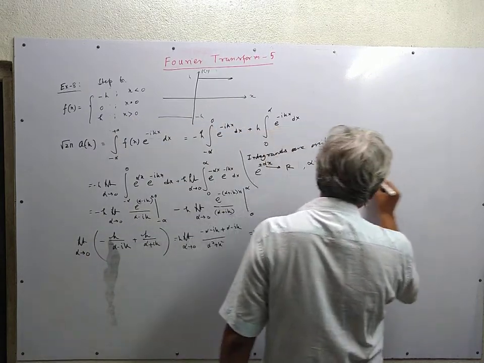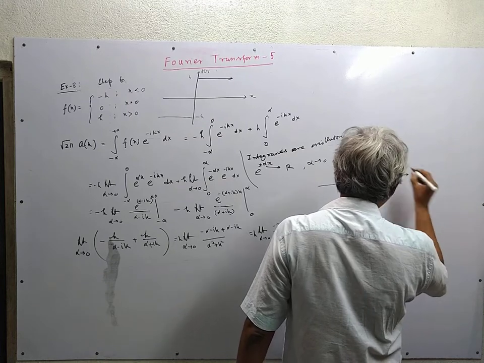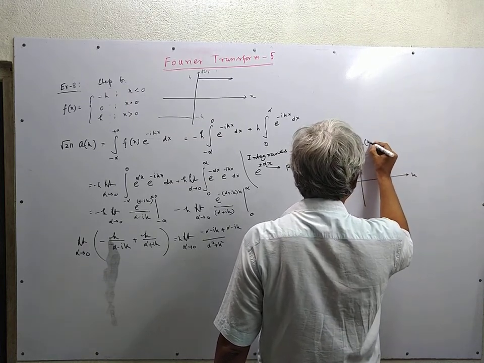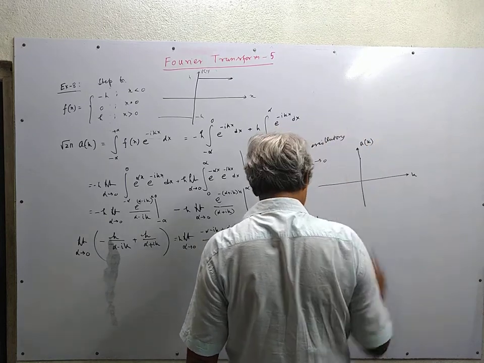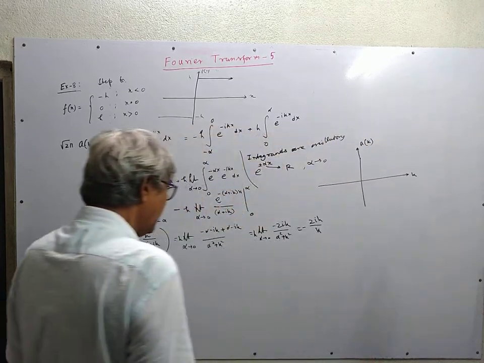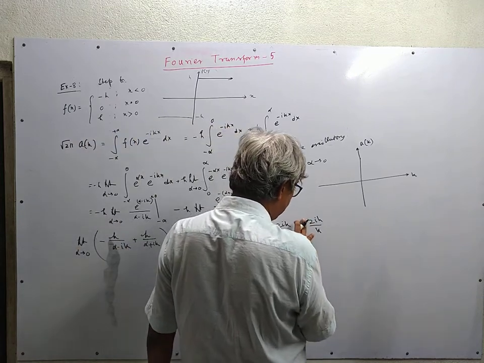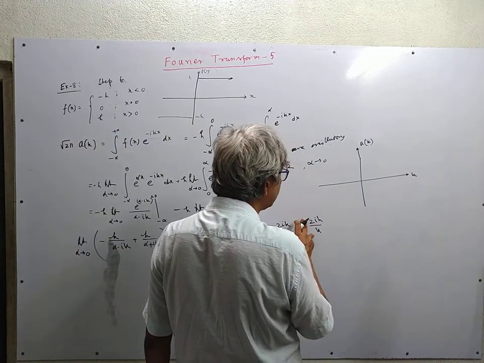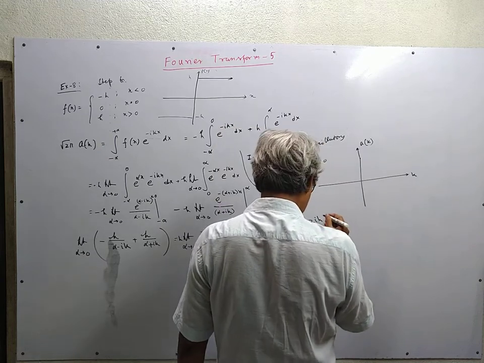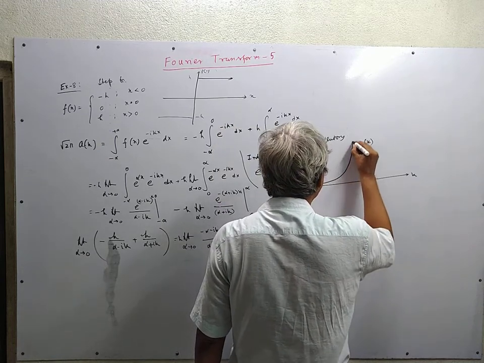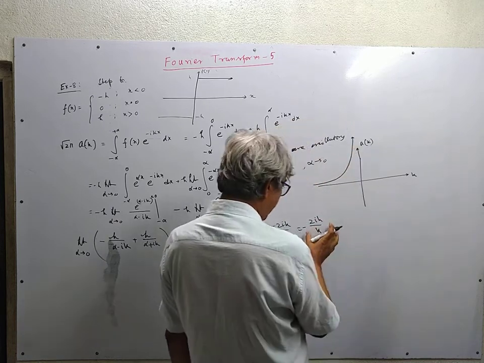This is the k-axis. Note that it is purely imaginary, so this is the imaginary part of it. Now as k is negative, this quantity is positive and goes to infinity. This is the behavior for negative k.